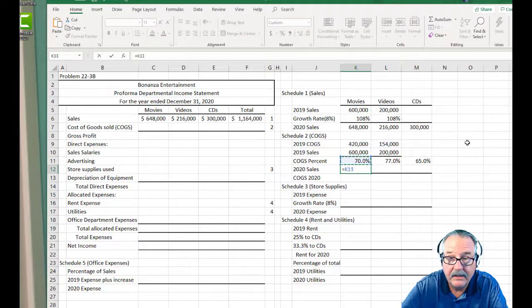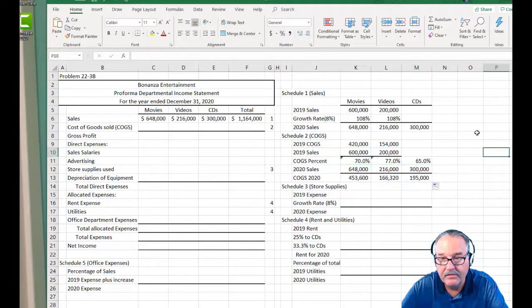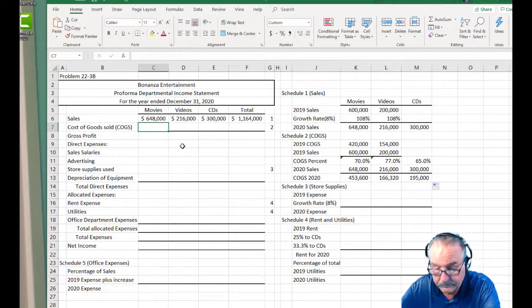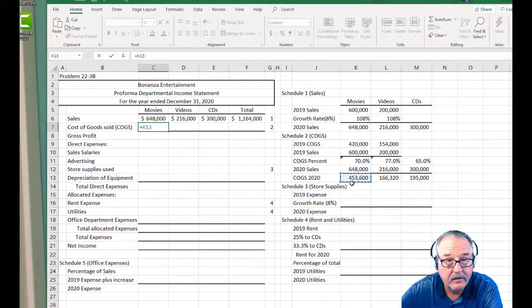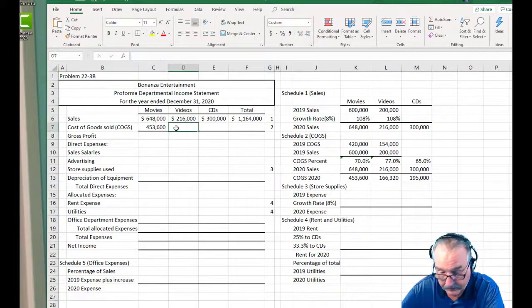So if we take the sales that we calculated up above and multiply it times the 70%, we will calculate cost of goods sold for each of these three departments for the new year. So cost of goods sold for movies is going to be $453,600.